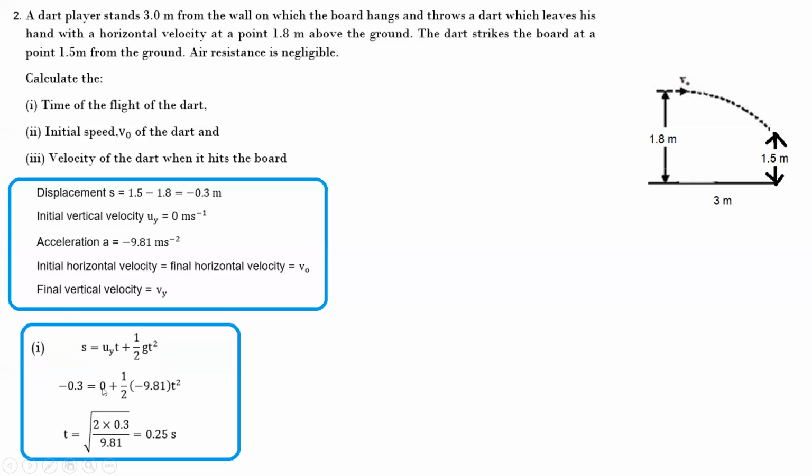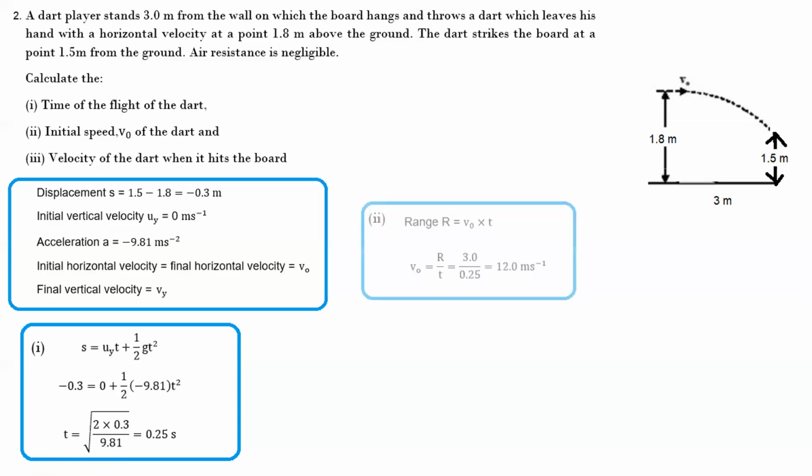Initial vertical velocity is 0. Therefore, this entire term becomes 0 plus half into minus 9.81 into t square. Make t as your subject. You can find by calculation your answer is 0.25 seconds. Therefore, 0.25 seconds is the time of flight of the dart.